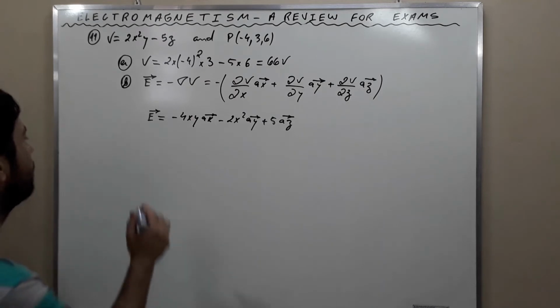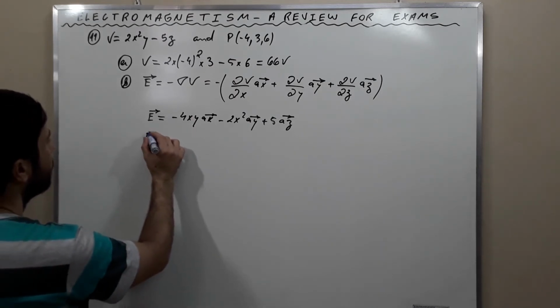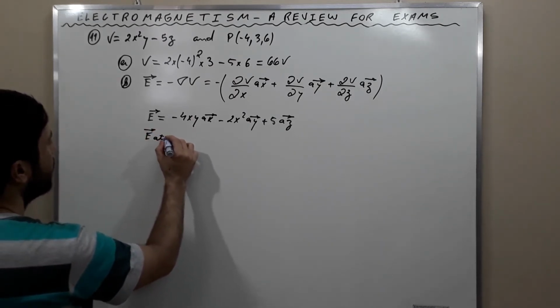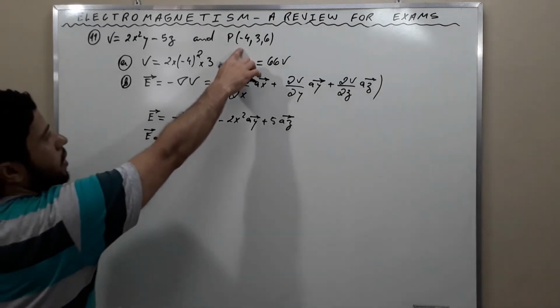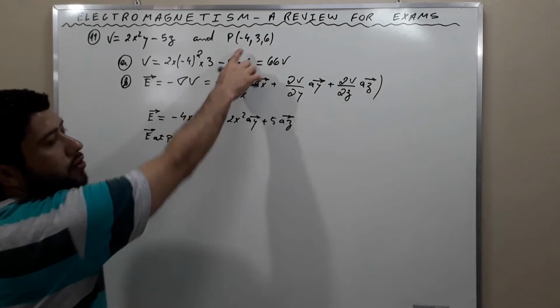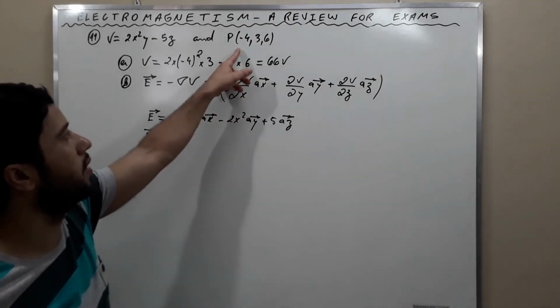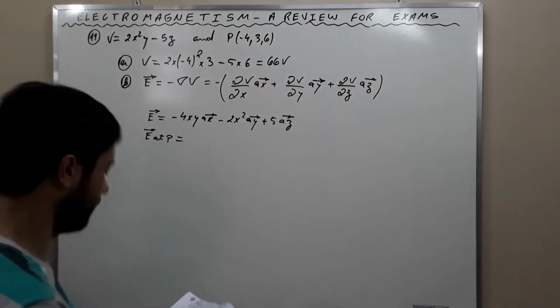The value of E at P is going to be, we simply apply the coordinates of the point, negative 4, 3 and 6.